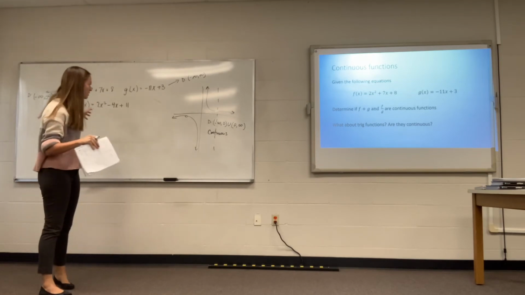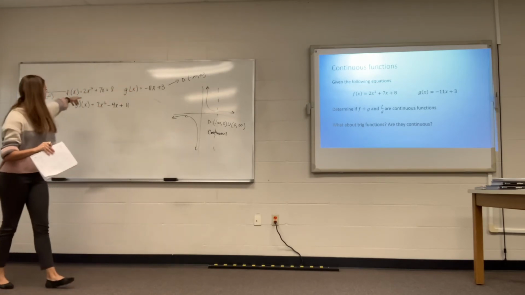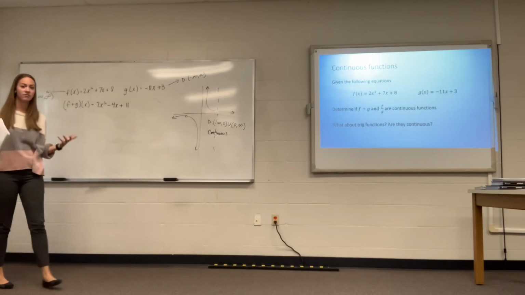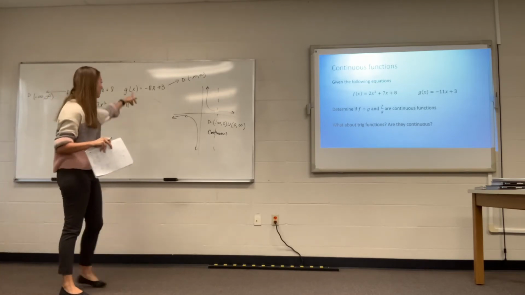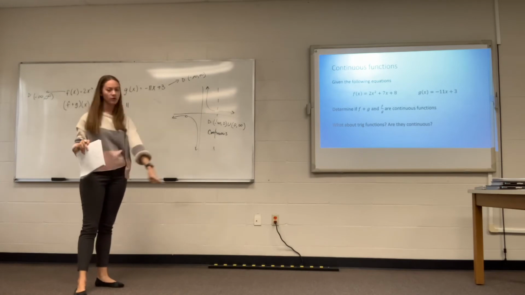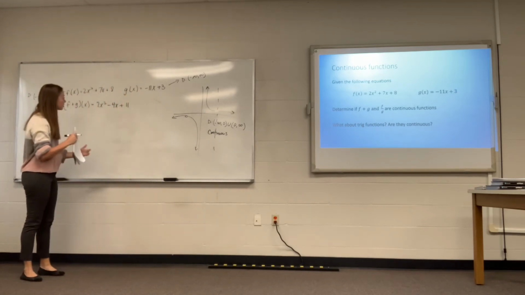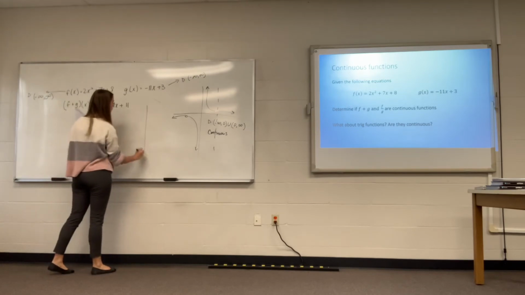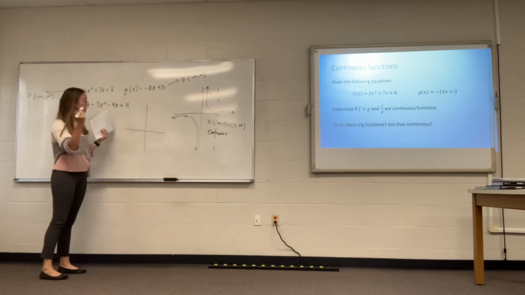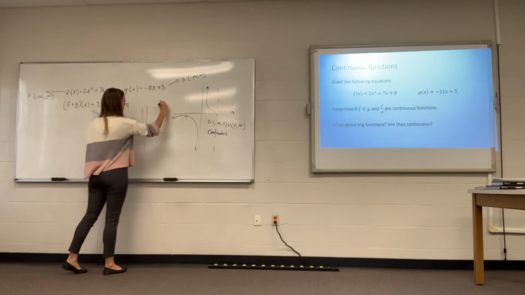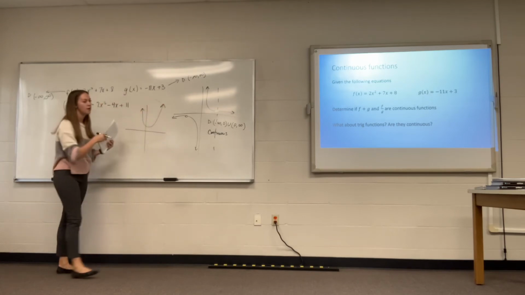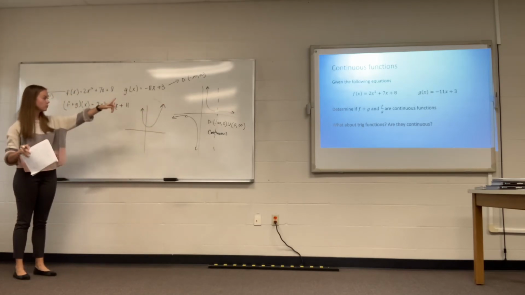Both are continuous over their whole domain, because with that quadratic I don't have to lift up my pencil, and that straight line I can draw just going down. And then if I think about this function right here, 2x squared minus 4x plus 11, that's also some sort of quadratic. I can draw it all in one smooth motion.